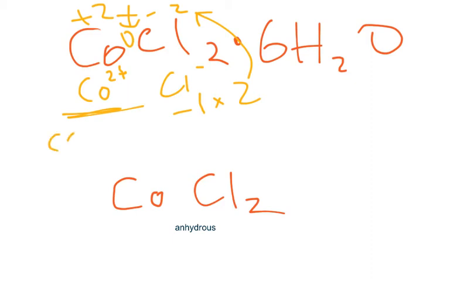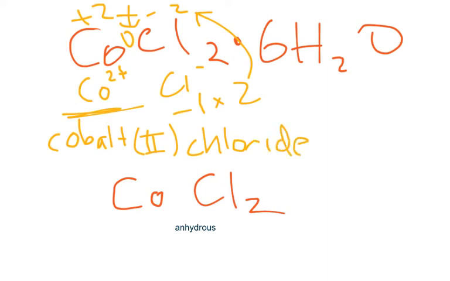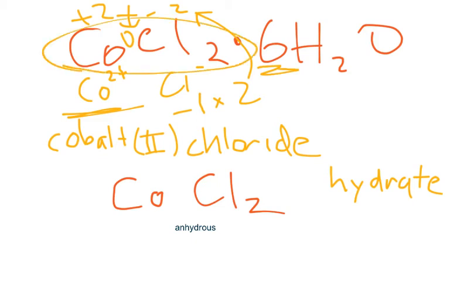So this would be cobalt 2 chloride. Now we have to include the water part, so it's going to be a blank hydrate. So we're going to figure out what that is. Since there are 6 waters per one formula unit of cobalt 2 chloride, then this will be hexa.